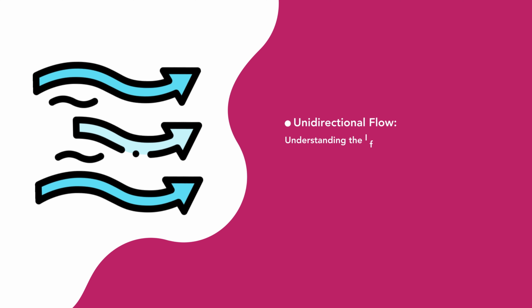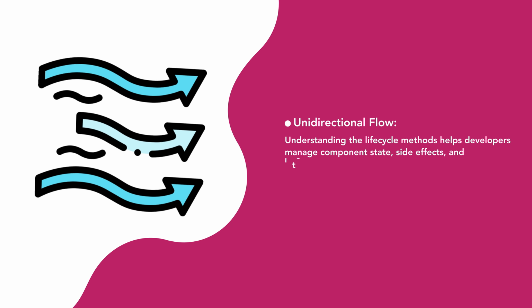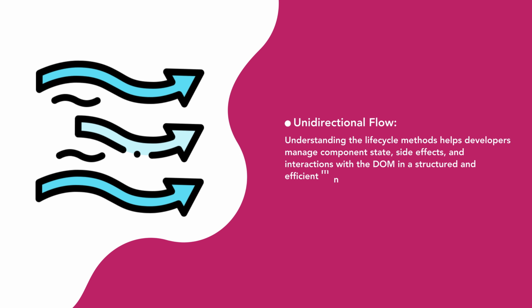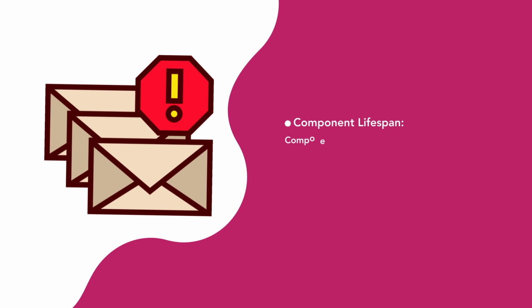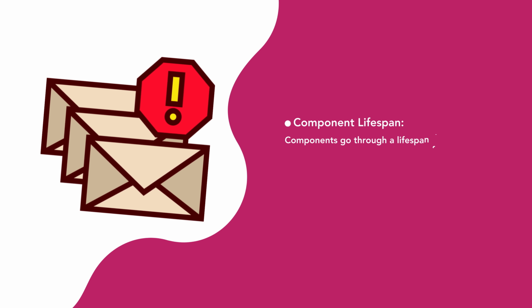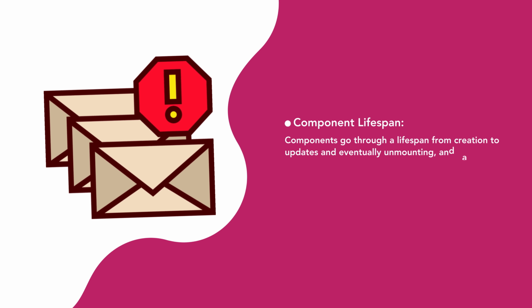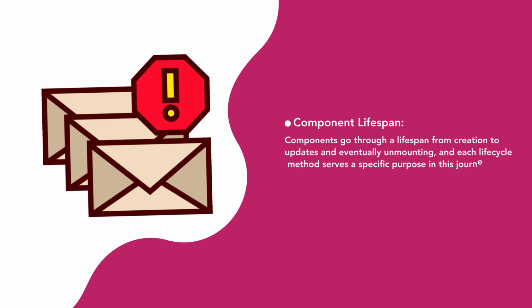Unidirectional flow: understanding the lifecycle methods helps developers manage component state, side effects, and interaction with the DOM in a structured and efficient manner. Component lifespan: components go through a lifespan from creation to update and eventually unmounting, and each lifecycle method serves a specific purpose in this journey.